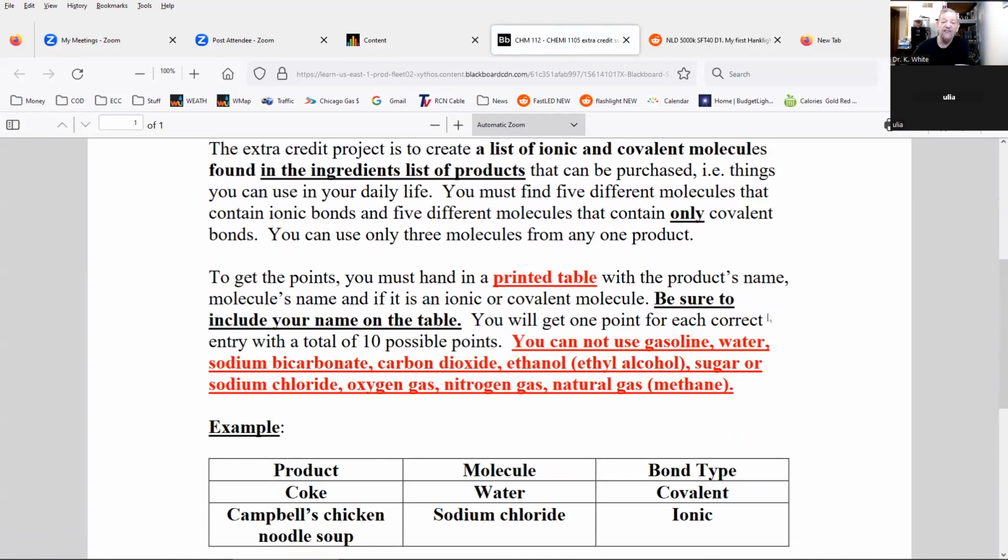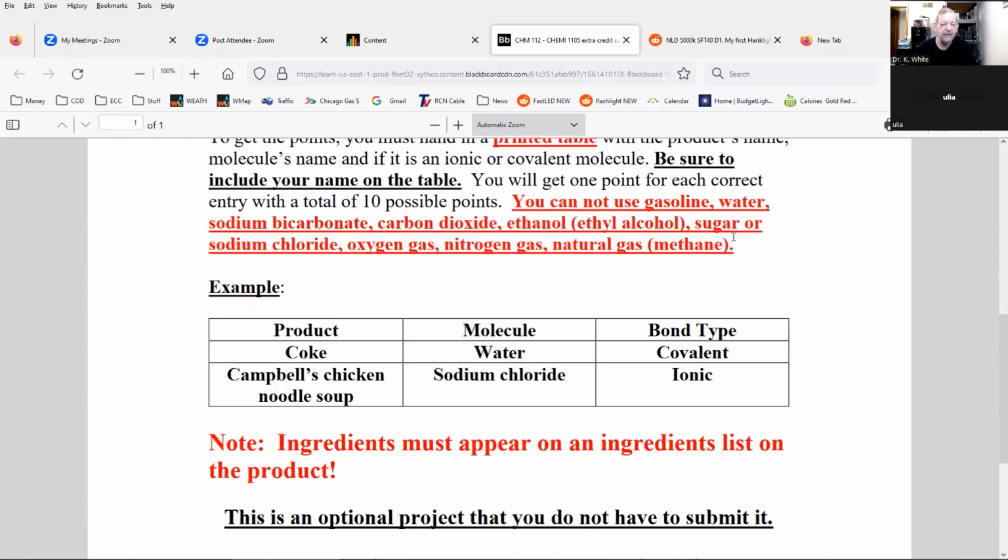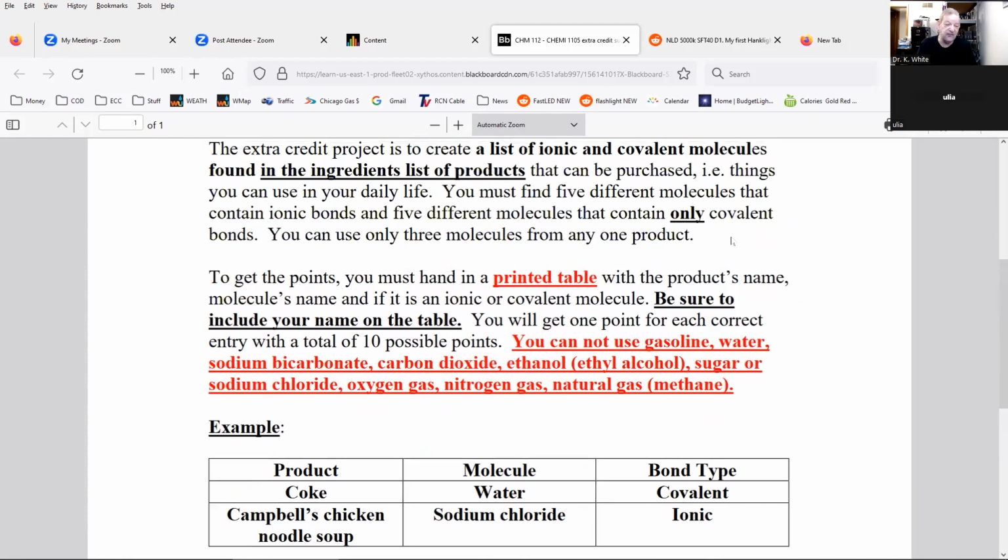You must find 5 different molecules that contain ionic bonds, and they could also contain covalent, but they must contain an ionic bond, and 5 different molecules that contain only covalent bonds. You can use 3 molecules from any one product, which means if you've got to do 10, you've got to look at at least 4 different products. You can have 10 different products if you want.